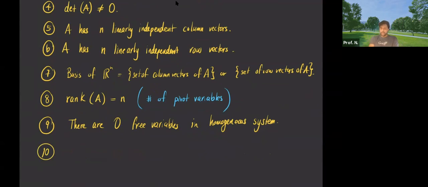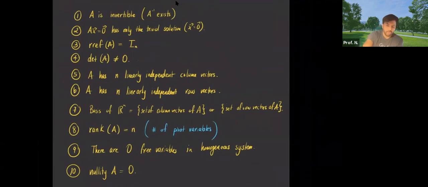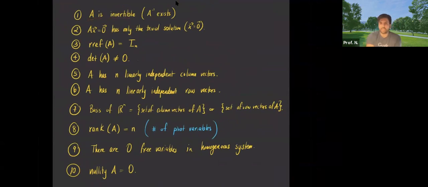What else is equal to 0? The nullity of A equals 0 by the rank-nullity theorem, right? Rank A plus nullity of A equals n. In this case, rank A equals n, so the nullity must equal 0. Do you see that? Immediate. And this all stems from saying that A is invertible.